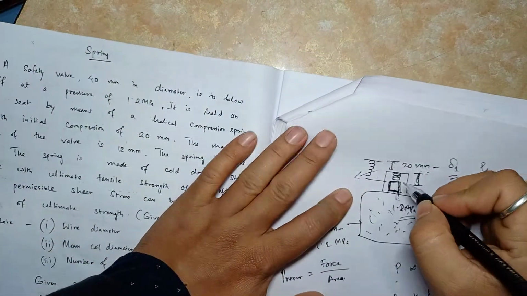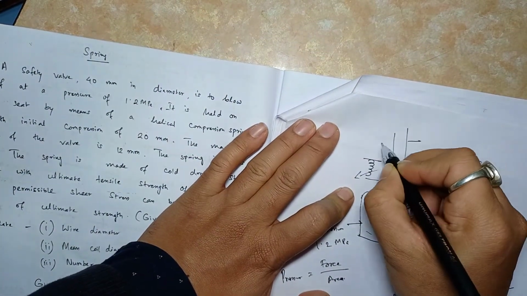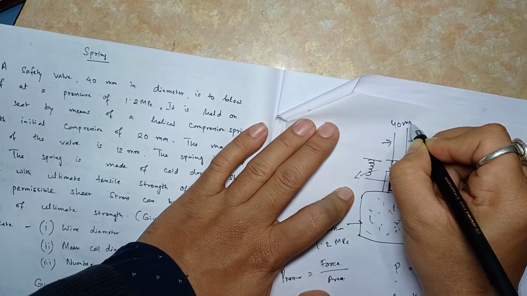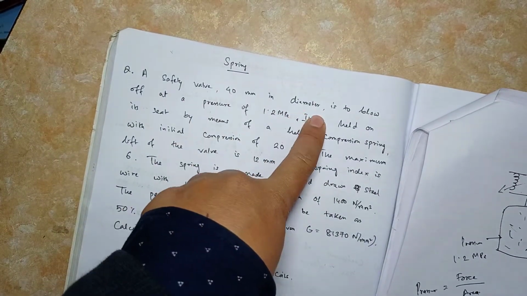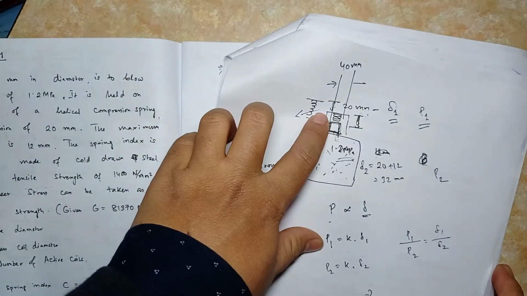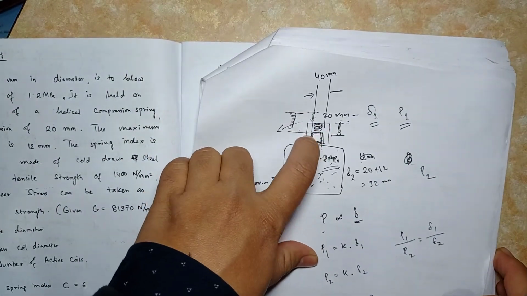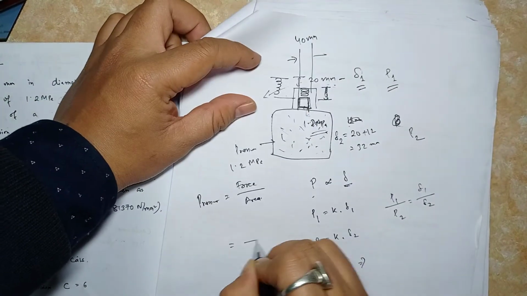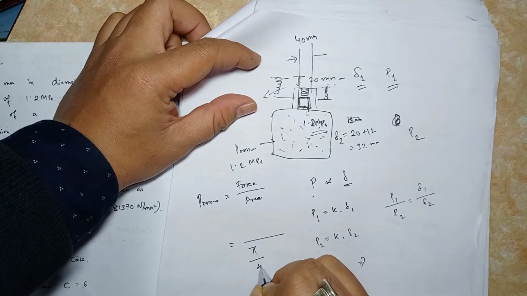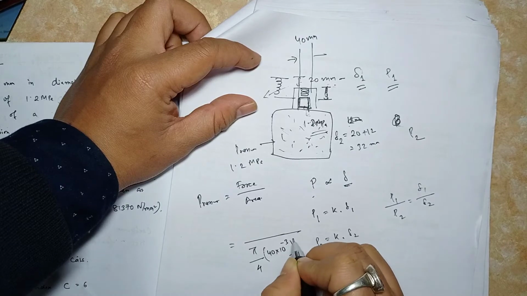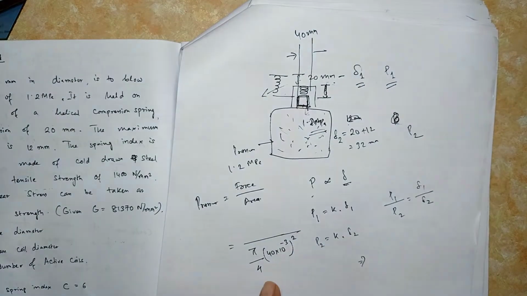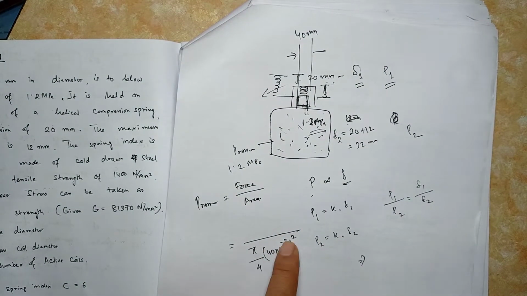The valve diameter is given to you, that is 40 millimeter. In the question itself it is given: a safety valve 40 millimeter in diameter. So we can find the cross sectional area of the valve: pi by 4 d square, with 40 millimeter converted to meter, squared.